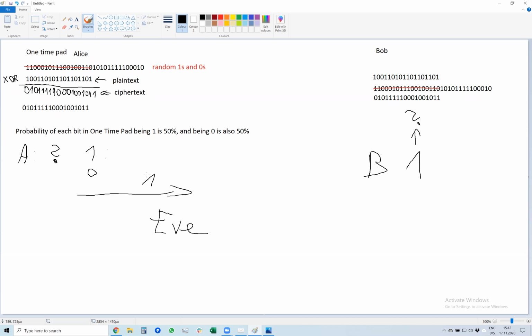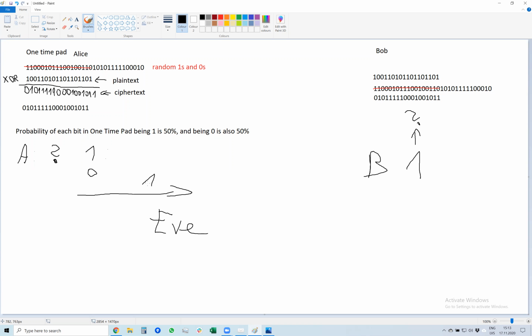Well, Eve sees 1, but since there's a 50% chance that it is changed and 50% chance that it is not changed, Eve has no idea whether the original message was 1 or 0. So Eve is absolutely clueless about the original message. Just because she has a 50% chance of guessing correctly, it doesn't give anything, because she could guess it, she could not guess it.